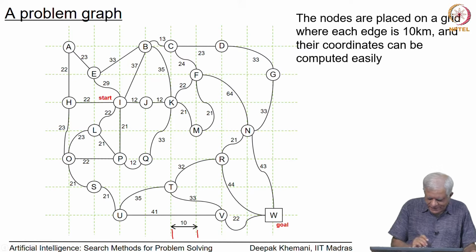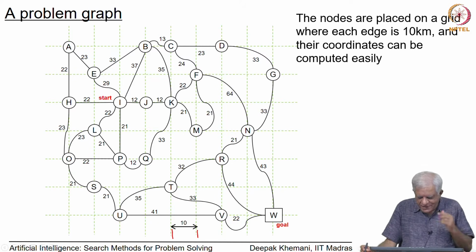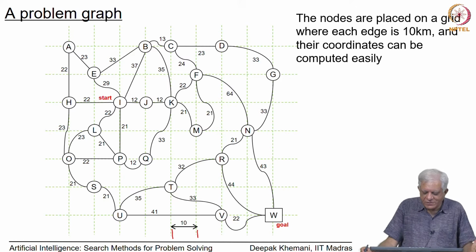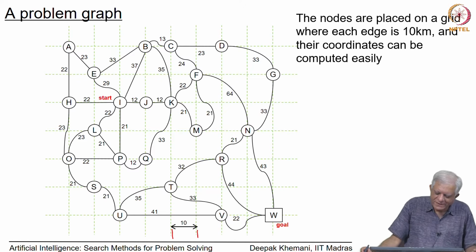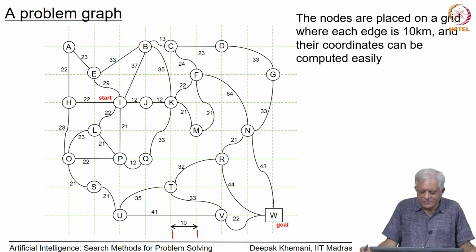two grid lines is 10 kilometers, and the reason why we do this is because we are going to be using a heuristic function to compute estimate distances, and because these points are on the grid and they have integer coordinates which are multiples of 10, it is easy to compute, at least in the example, the heuristic distance.